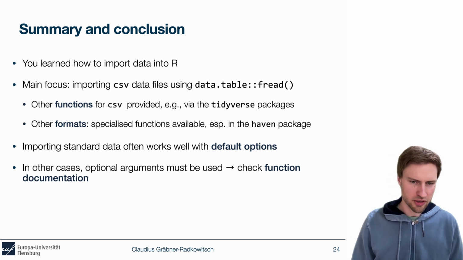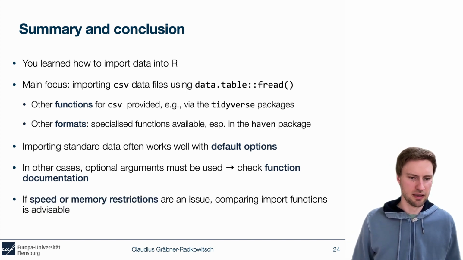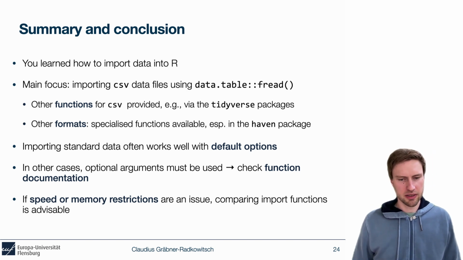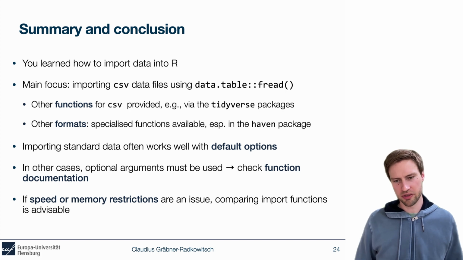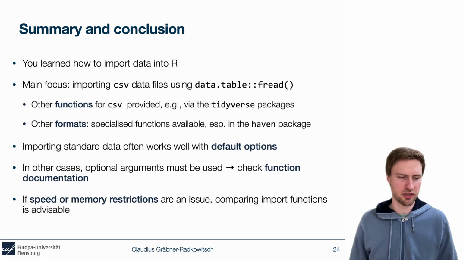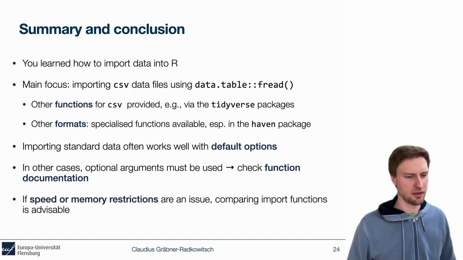But you also learned some basic optional arguments that help you cover the wide majority of cases. Also, if speed or memory restrictions are relevant in your case because the data is so huge, I suggest you spend some time comparing the performance of different import functions on the web. This can really save you some time.